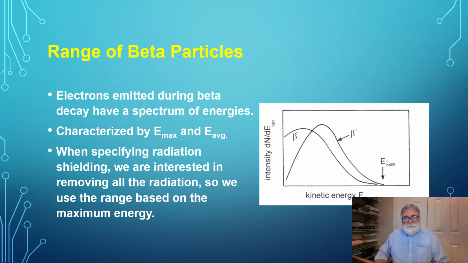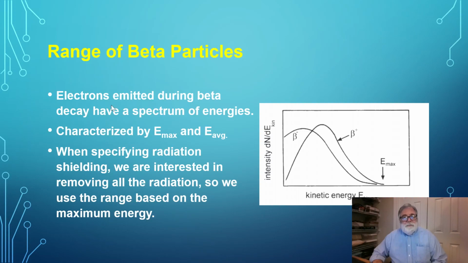You've seen this distribution on the right before. When beta particles are emitted, the electron shares its energy with an antineutrino, and so you have a range of energies in the beta particles that are emitted. That distribution is characterized by an Emax and also by an E average.